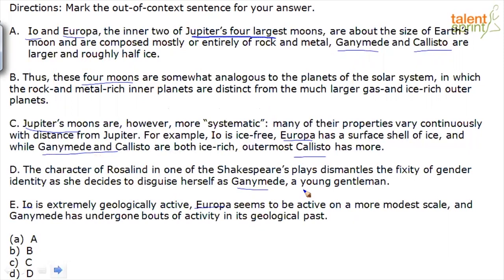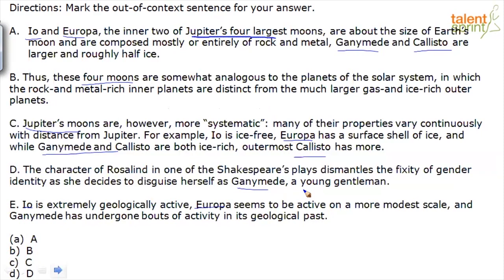So we understand that at least A and B, A is kind of establishing the fact. It has identified all the 4 moons of Jupiter: Io, Europa, Ganymede and Callisto. And then B says thus these 4 moons are somewhat analogous to the planets of the solar system.